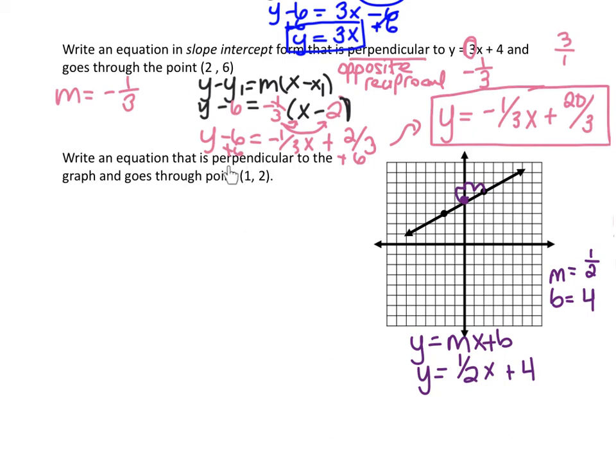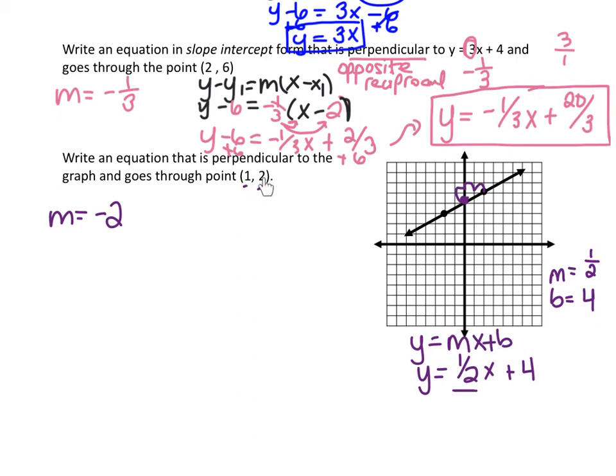So if we need an equation that's perpendicular, we have to have a slope that is the opposite reciprocal of 1/2. Okay? Remember, opposite reciprocal, you change the sign and flip your fraction, which would make your new slope -2 to give you a perpendicular line. Okay? Then we have our point, 1, 2.